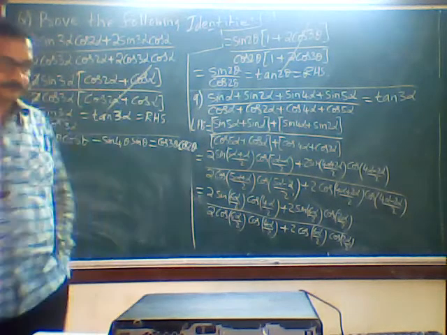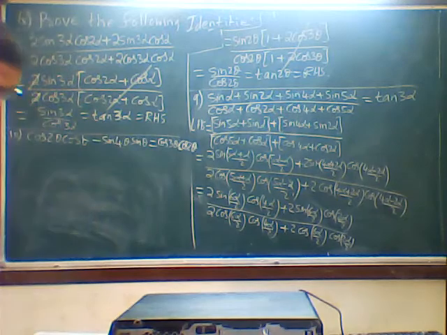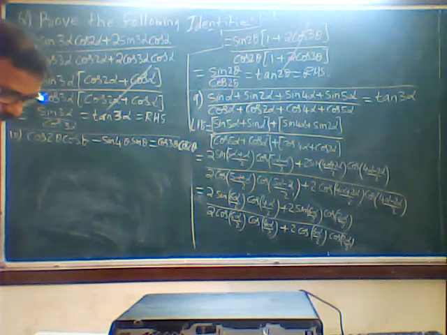Let the problem say cos 2 theta into cos theta minus sin 4 theta into sin theta is equal to cos 3 theta cos 2 theta.